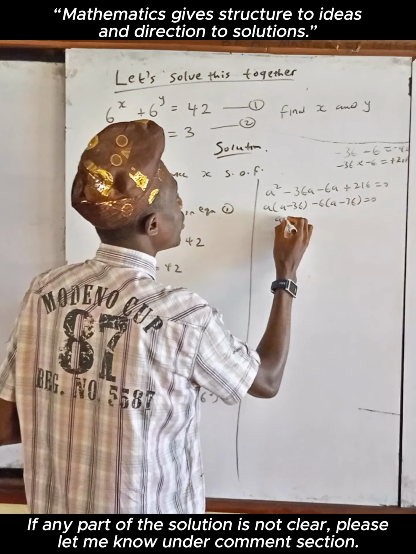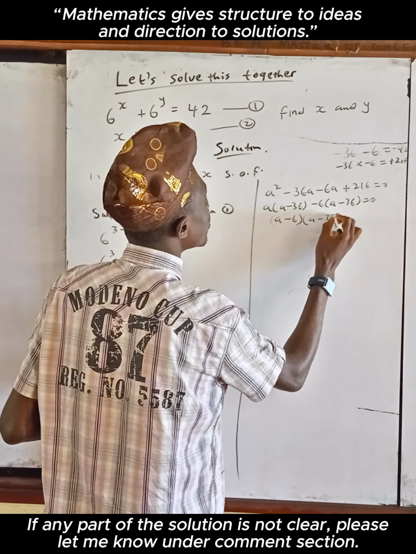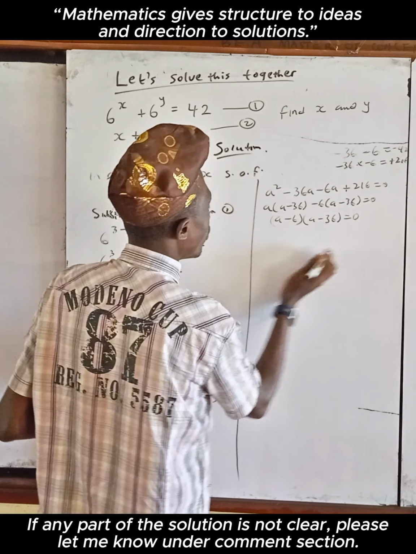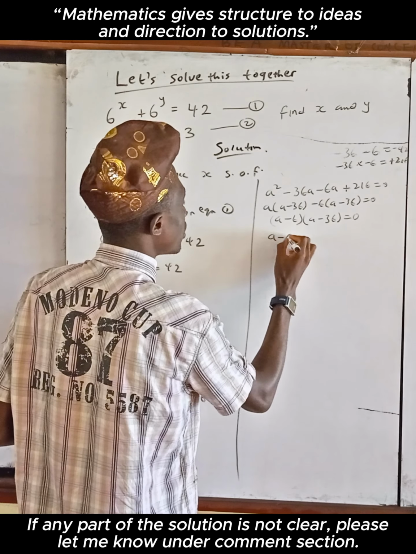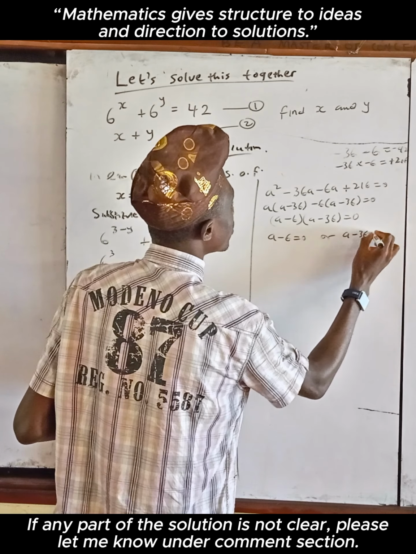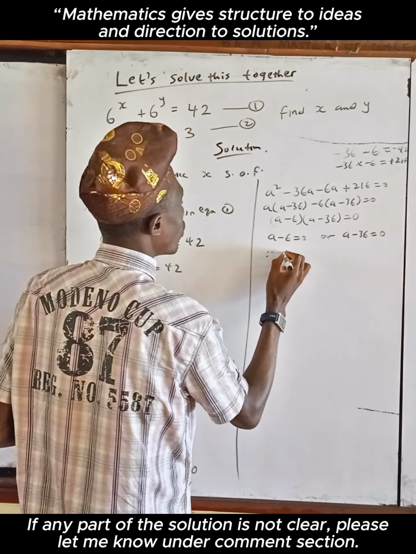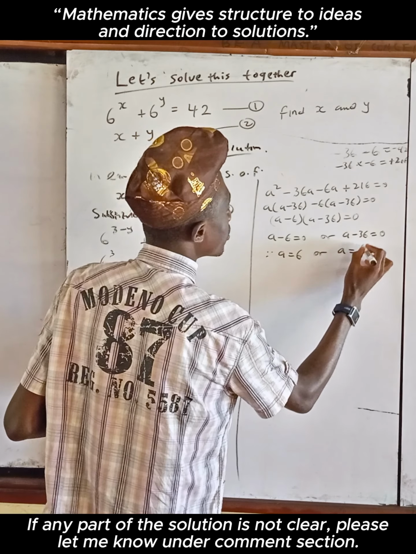Therefore, a minus 6 is equal to 0, or a minus 36 is equal to 0. So therefore, our a is 6 or our a is 36.